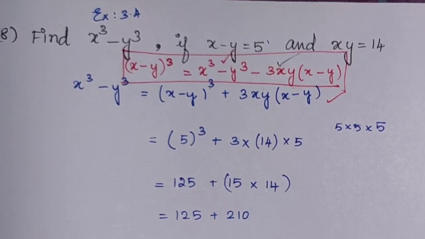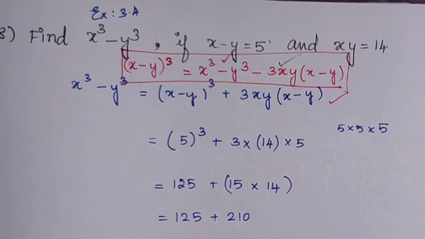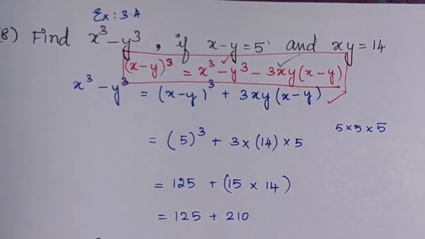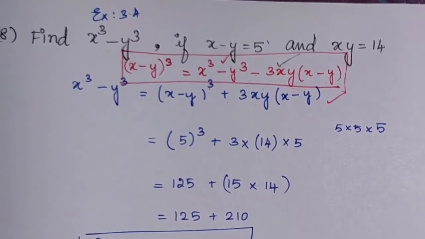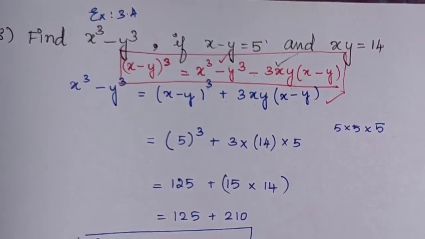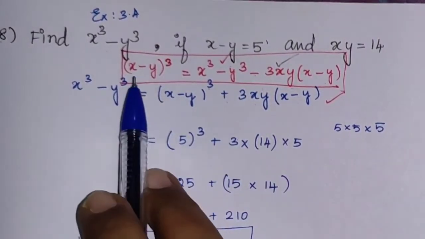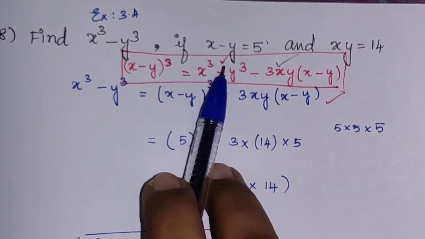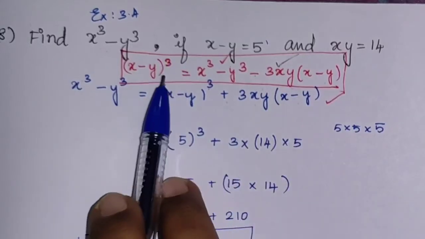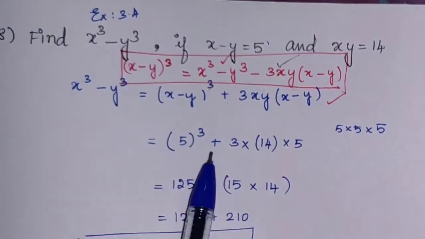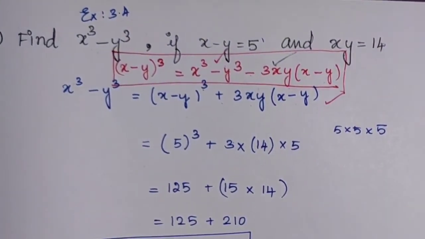And you add these two numbers, you will get 335. So x cube minus y cube is equal to 335. We don't know the identity for x cube minus y cube, so use the x minus y the whole cube identity. Whatever you need, you keep it on one side and take the other term to the other side. Then you derive the formula for what you are asked to find, then substitute the given values and find x cube minus y cube.